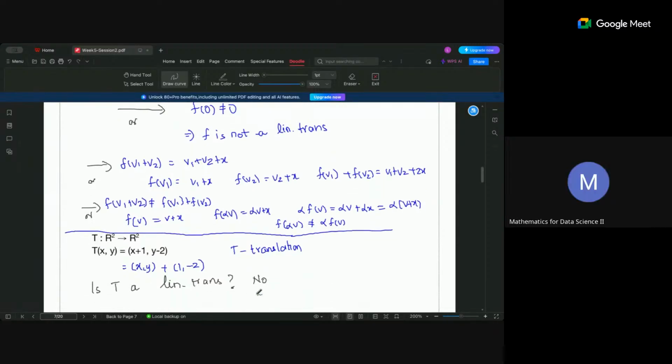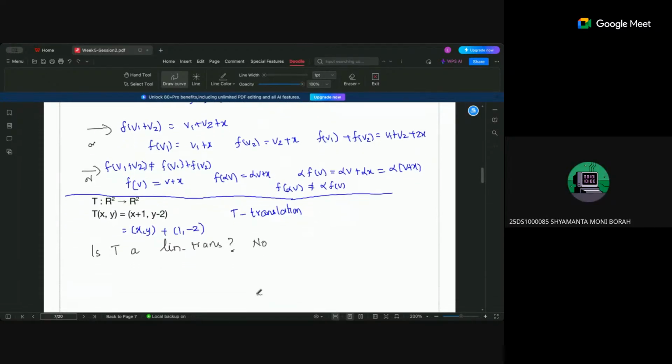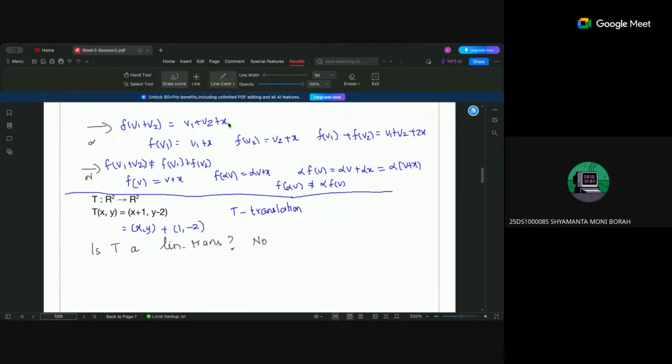Can you explain this once again, ma'am, if you don't mind, please? See, here what is given to you? T of x comma y is x plus 1 comma y minus 2. This splitting you understand, right? Yes. So now I call this vector V and I call this vector x. You can see that this is T of v equal to v plus x.